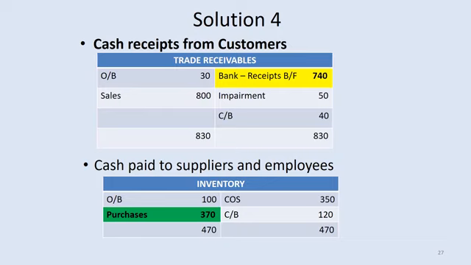Cash paid to suppliers and employees. This section is actually quite bulky. When you get to cash paid to suppliers and employees, it's not simply a single T account that we need to consider. Because remember, suppliers are not simply your creditors. We're not only talking about the people we buy inventory from. That is also important in terms of people to whom you possibly pay rent, the municipality, you're paying water and electricity.